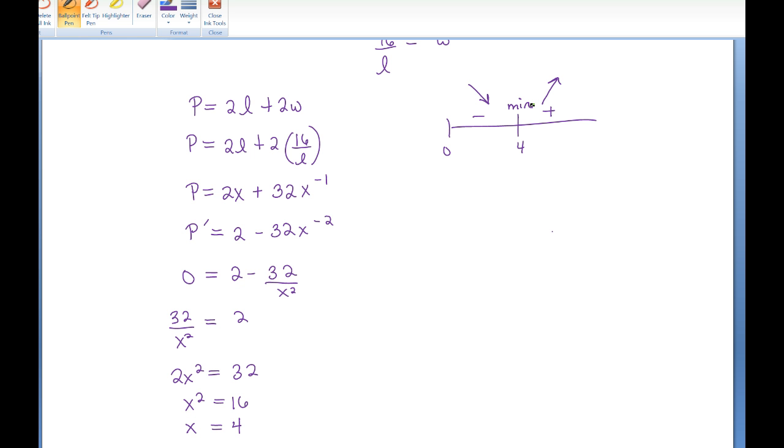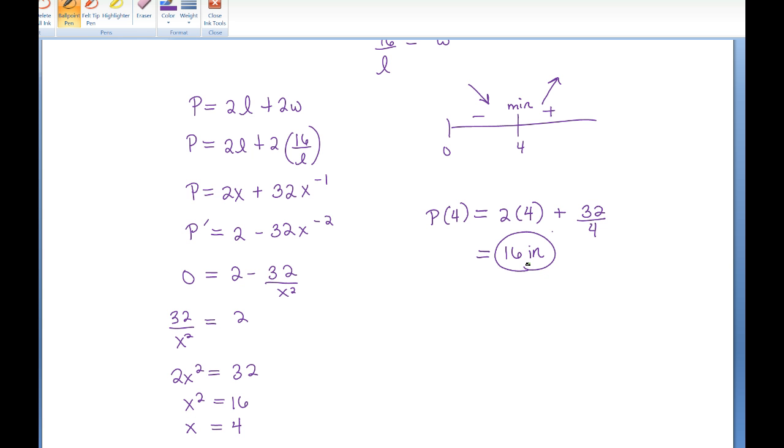So for number 3, what is the smallest perimeter? So think about plugging in 4, right? So that's going to be 2 times 4 plus 32 over 4. So 8 plus 8 is 16, and the units are inches.